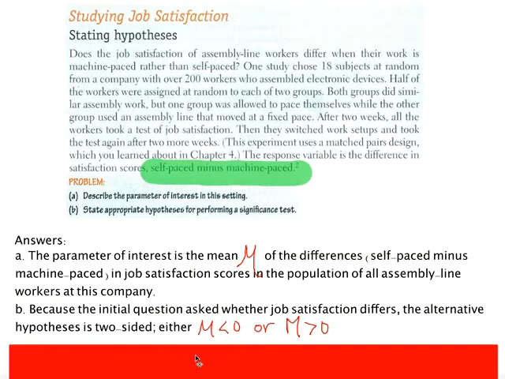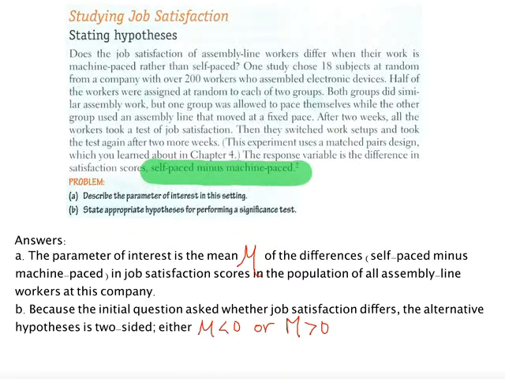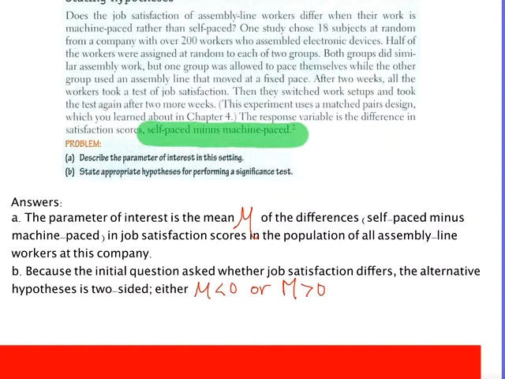All right, so because the initial question asked whether job satisfaction differed, the alternative hypothesis is two-sided. So either your difference in the job satisfaction scores is less than 0 or the difference is greater than 0. So basically, your HA, your alternative hypothesis, is going to mean that there's some sort of change.